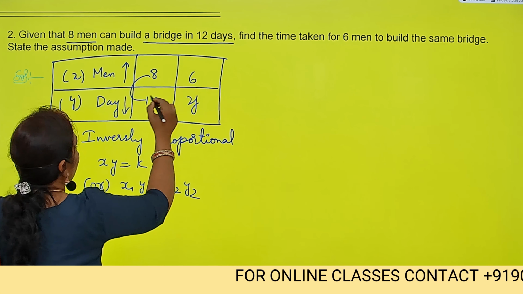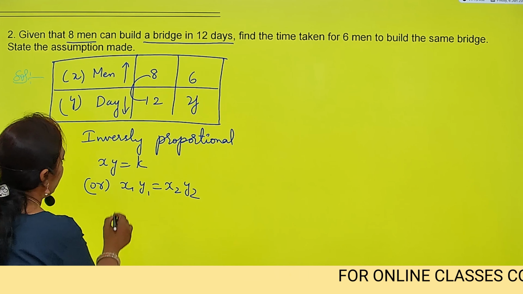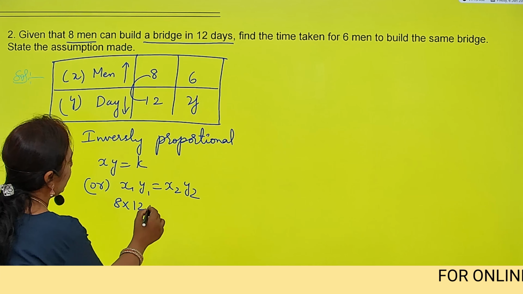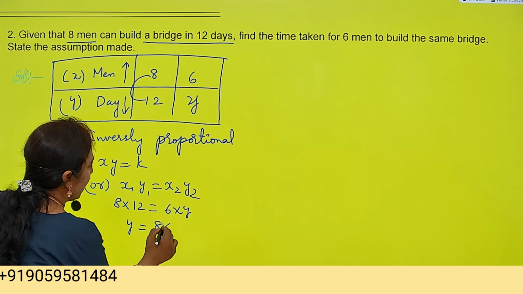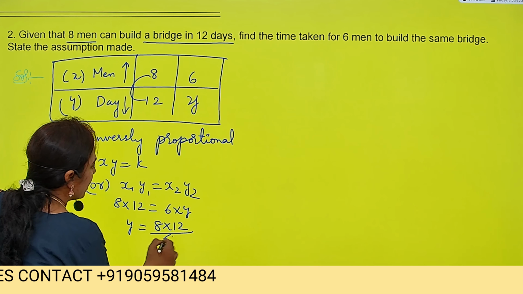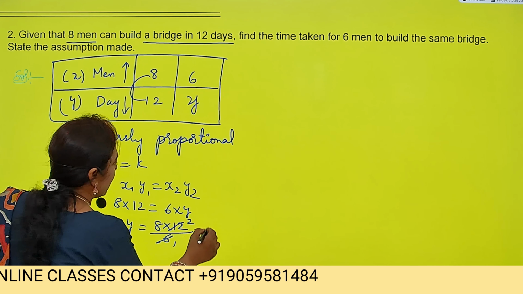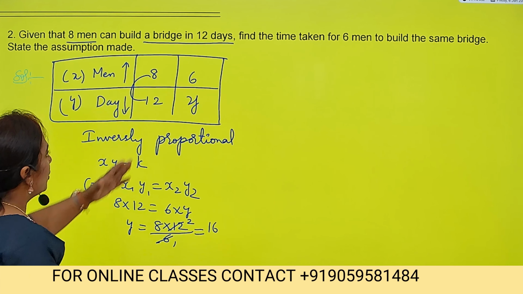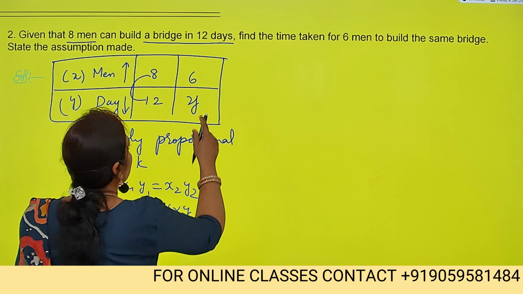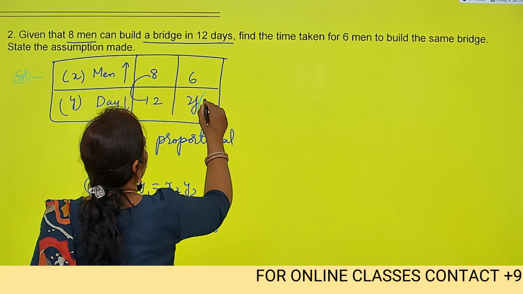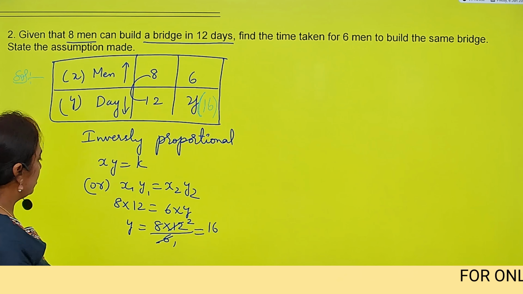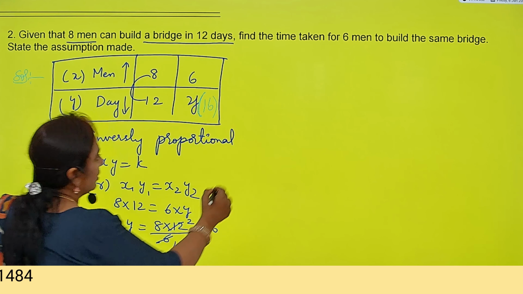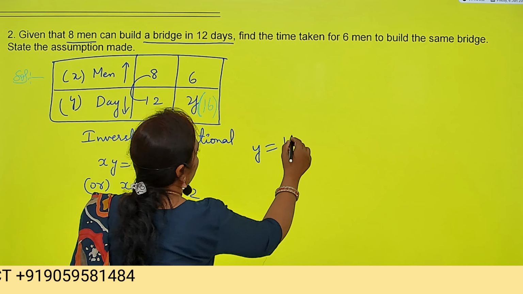So the products are equal. Here 8 into 12 is equal to 6 into y. So y equals 8 into 12 over 6. 6 twos are 12, 8 twos are 16. So what is the y value? 16 is the answer. So the time taken is y equal to 16.